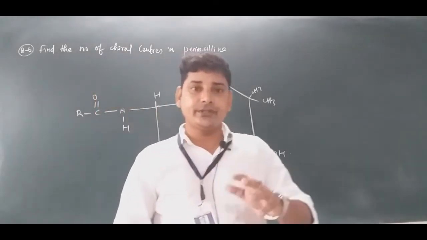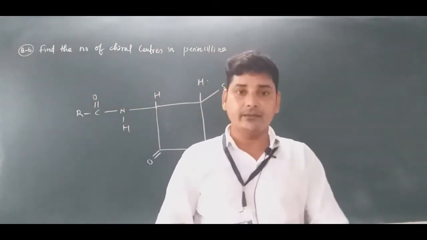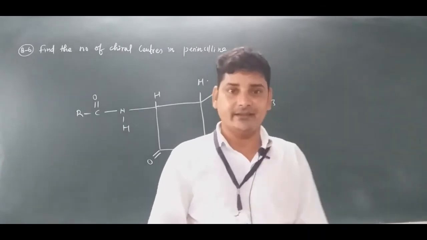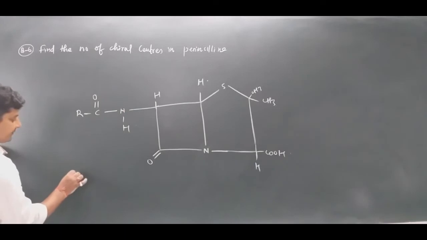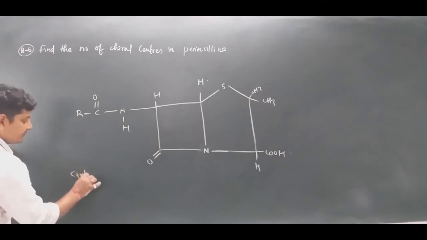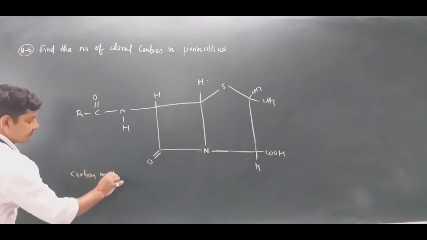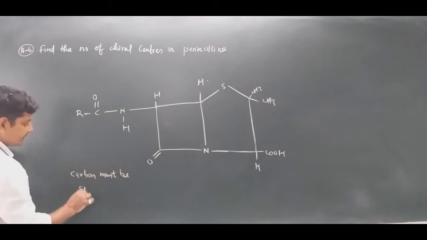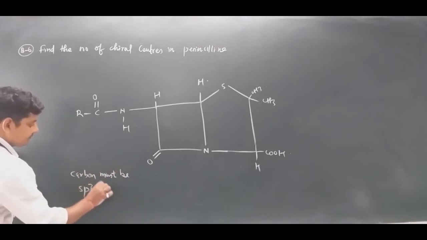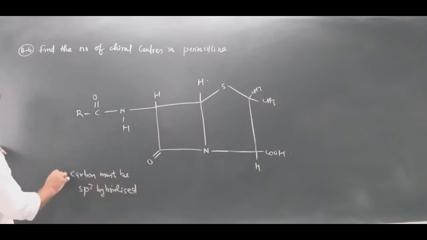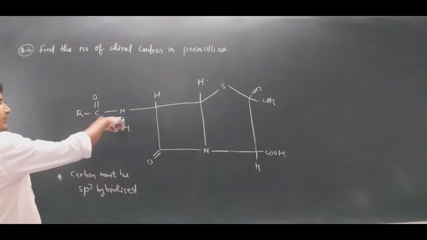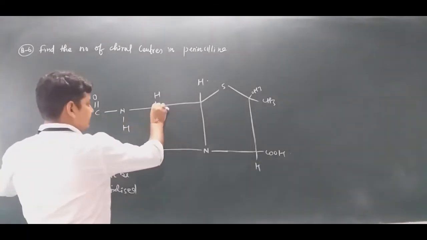Actually, in order to decide the chiral center, the carbon must be tetrahedral, sp3 hybridized. So here the carbon is sp3 hybridized.